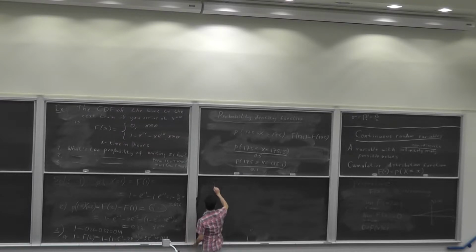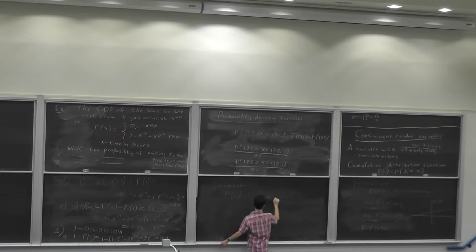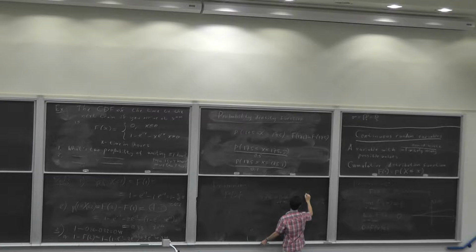Now comes the lecture definition. The probability density function at the point x is defined as follows. It's the limit as delta x goes to 0 of the probability that the variable is from x to x plus delta x, divided by delta x.